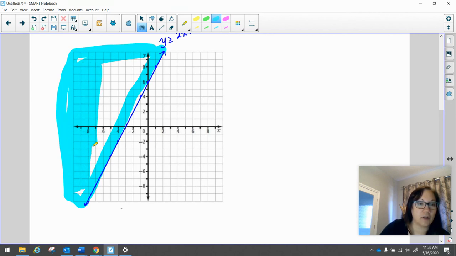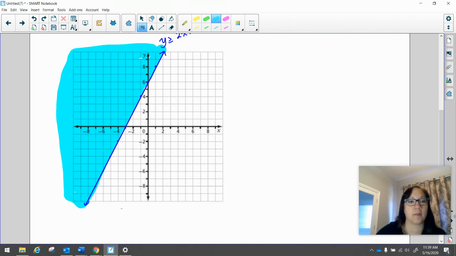Okay, if you're doing this by hand, you can just shade it lightly, or again, you can make some stripes in a direction that makes sense to you, and then maybe in the next one you would stripe it in the opposite direction.